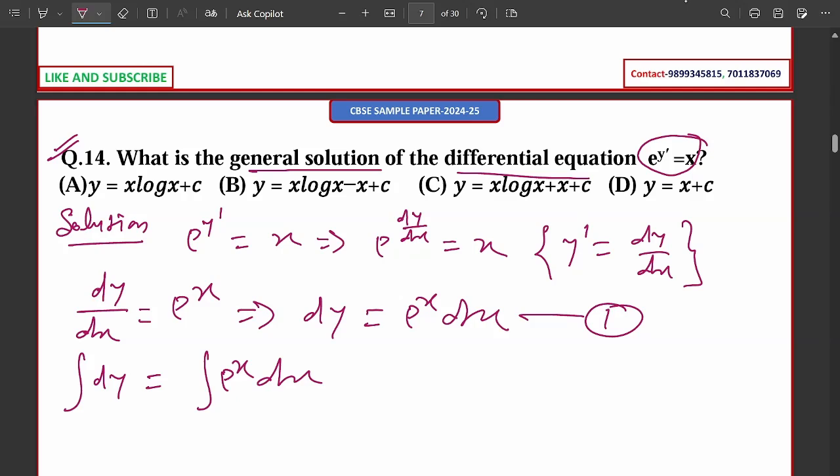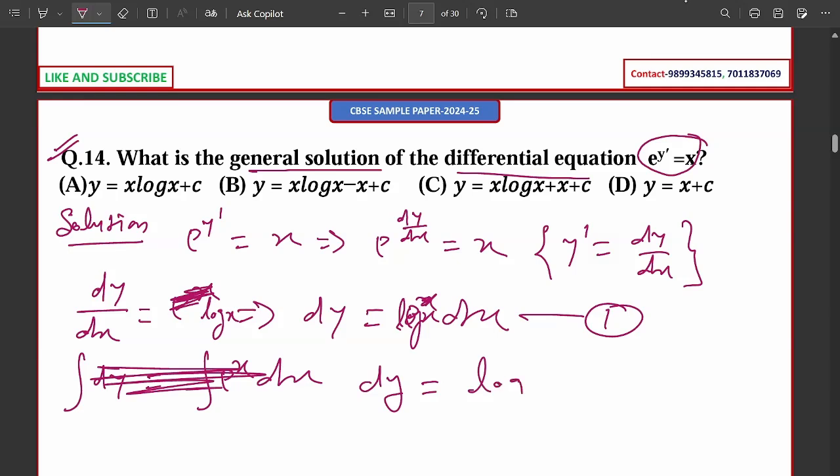Here we can write log x. So log x, this will be the log x. So this equation we can write dy is equal to log x dx.